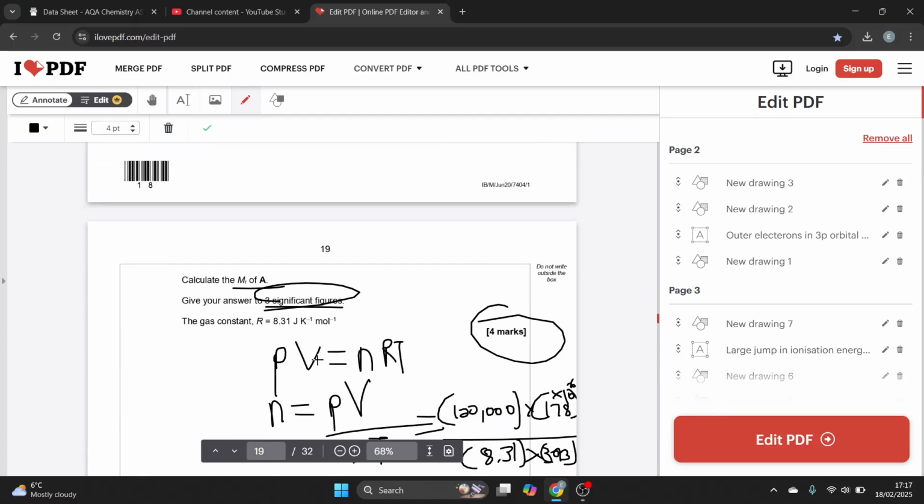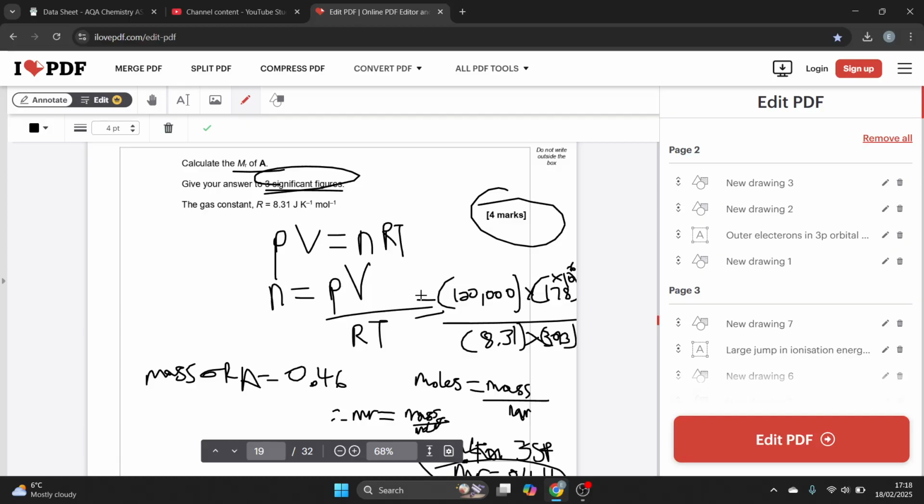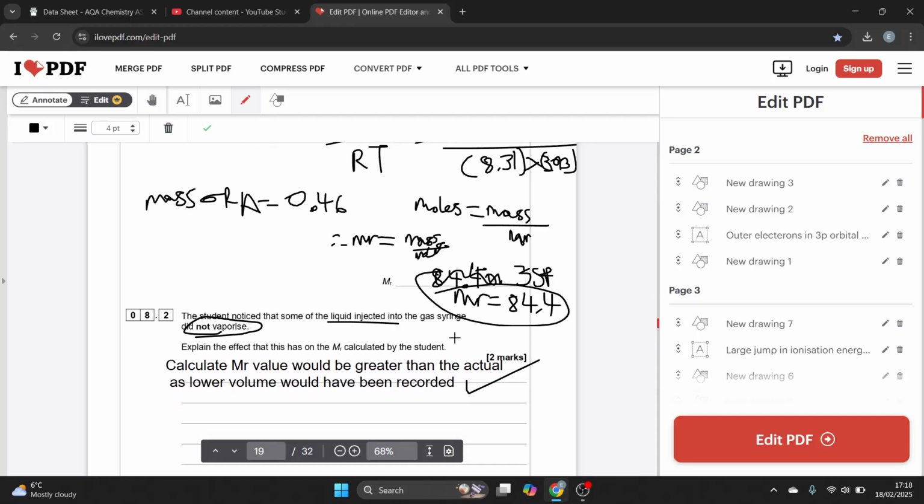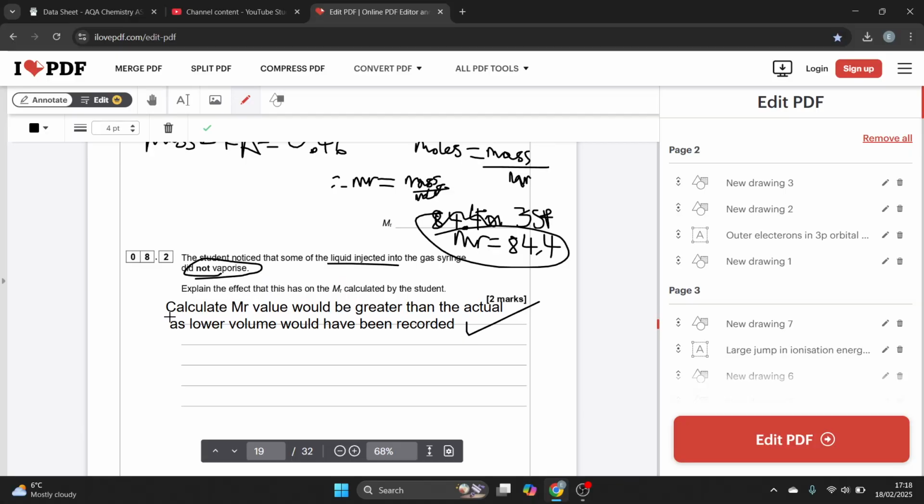If lower volume is recorded, n equals PV divided by RT, so the number of moles would be smaller, and if the number of moles is smaller, then the calculated MR value would be greater than the actual. The actual MR value would be smaller. So the calculated MR value would be greater than the actual, as lower volume has been recorded.